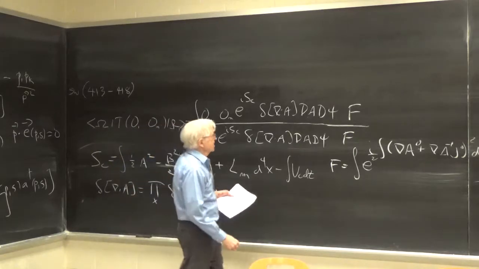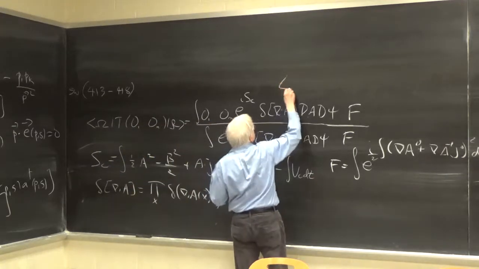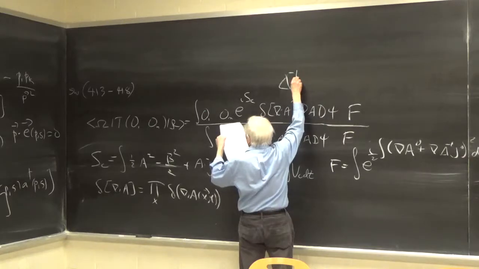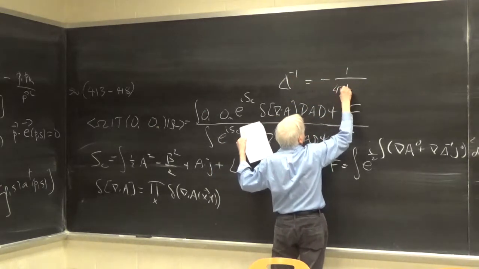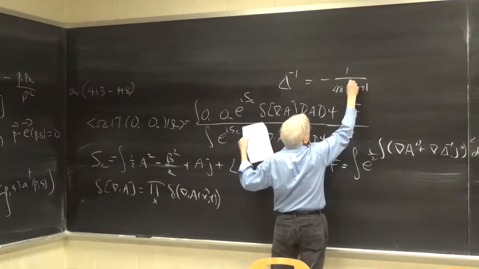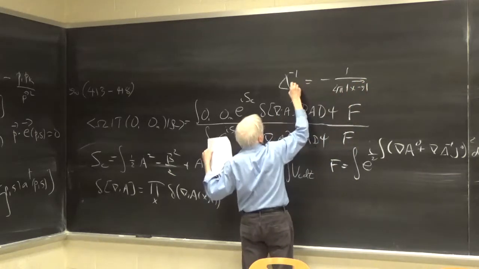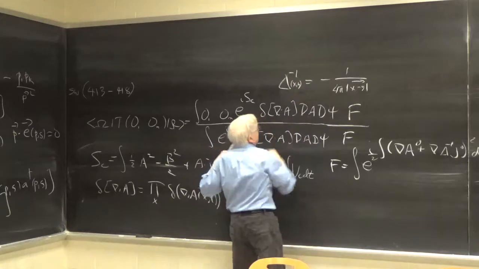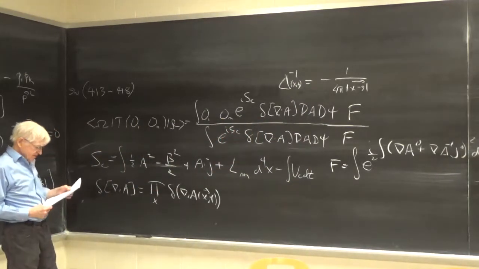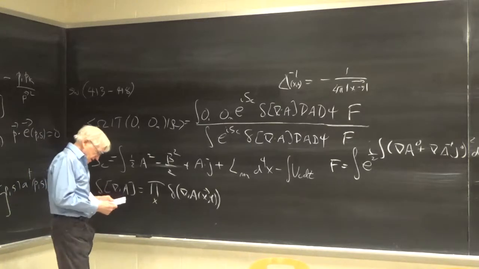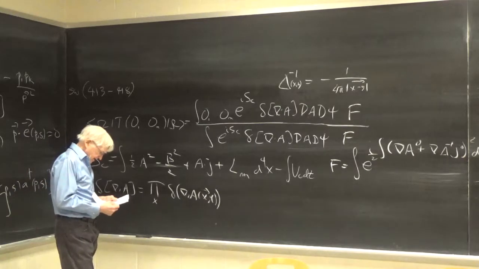And let me just say what grad del inverse is. Del inverse is actually minus 1 over 4 pi times |x minus y|. So in other words, the del inverse of xy is just minus 1 over this quantity.